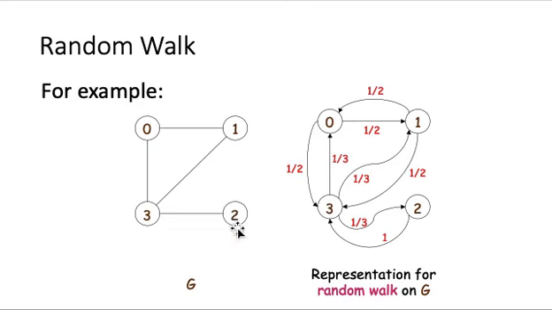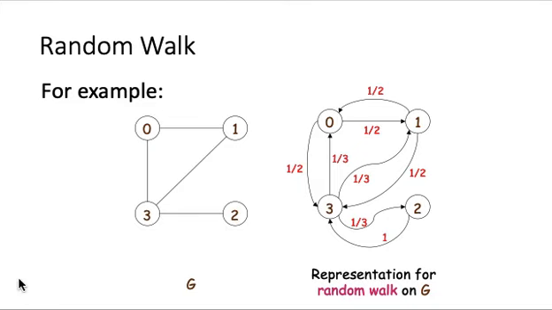So the total length will be going to the odd length cycle, traversing the odd length cycle, and going back. Going to the cycle and going back has the same length, so this is an even number. And together with the length of the odd length cycle, it will be odd in total. So in other words, every state can go back to itself in an odd number of steps.